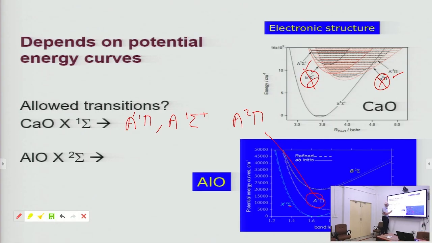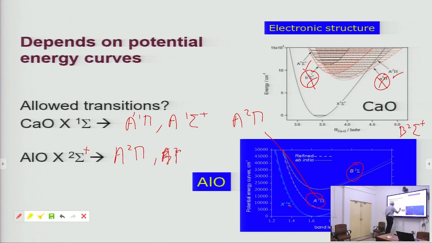That's allowed, exactly. Last one. We're going now to a B doublet sigma plus from the X doublet sigma, and this is a plus as well. Is that allowed or forbidden? Allowed, yep, exactly.